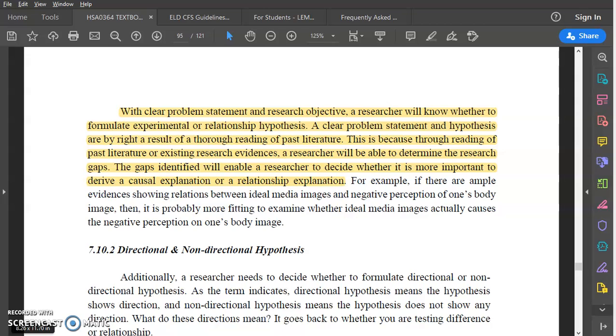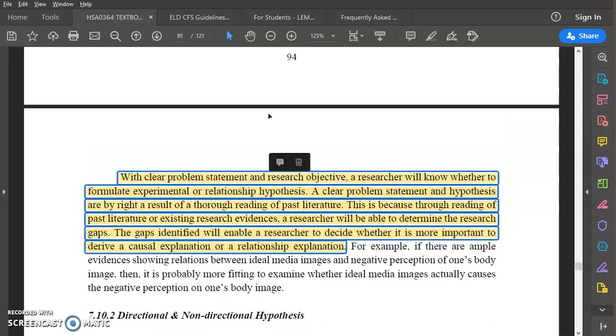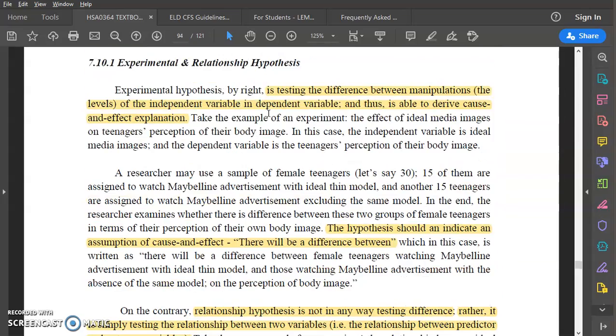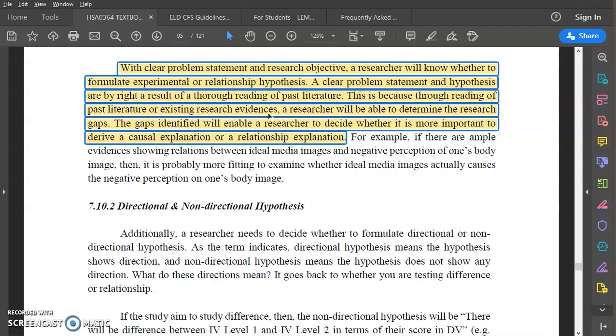Just to reiterate what was mentioned in your book, in the final paragraph of the note on experimental and relationship hypothesis, it says that with a clear problem statement and research objective, you will know whether to formulate experimental or relationship hypothesis.